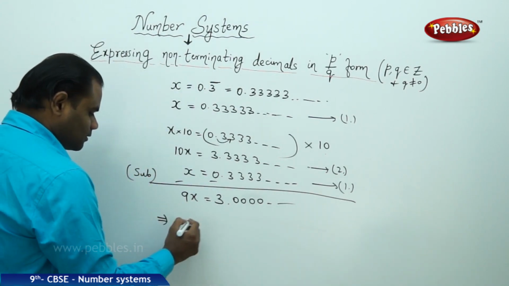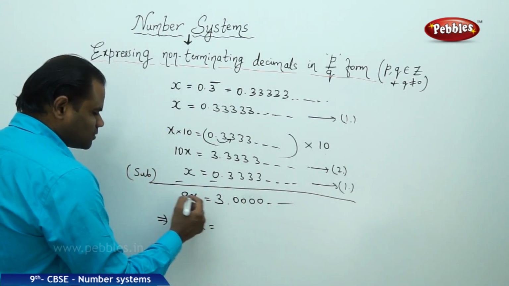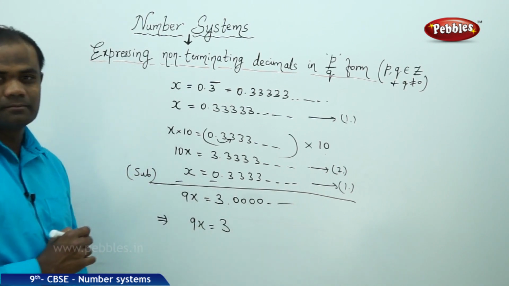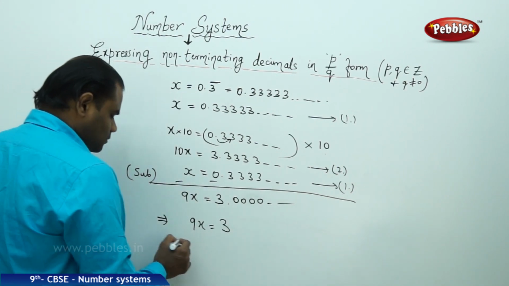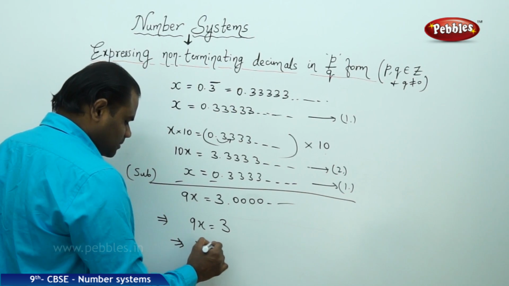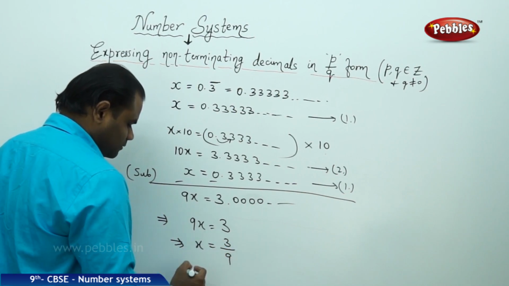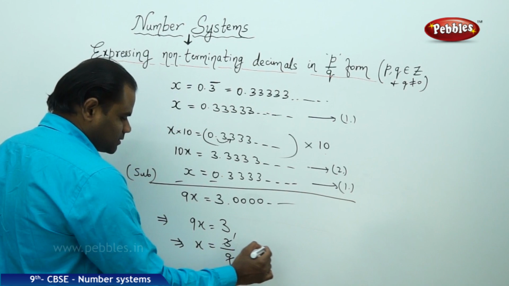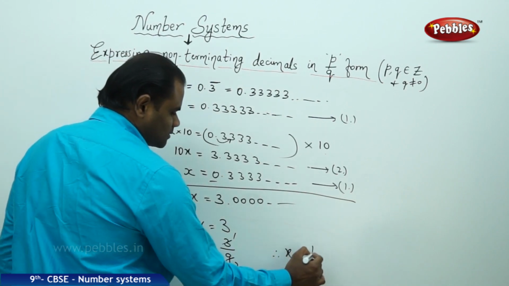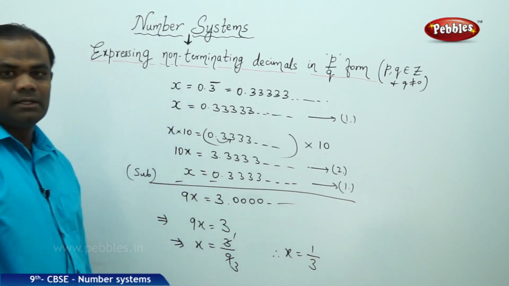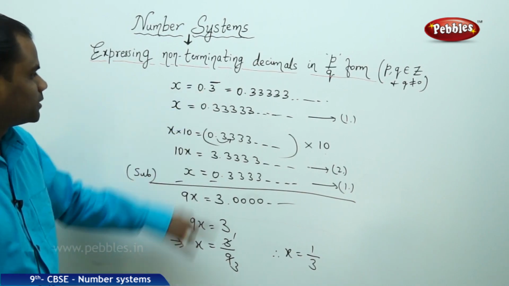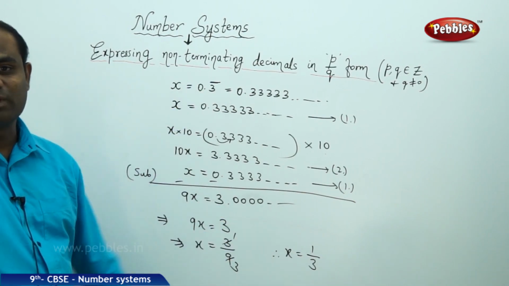Therefore, on further simplification this reduces to 9x equals 3, which by taking the constant to the right gives me x equals 3 over 9, which is 1 over 3. Therefore, my x, which is 0.3 bar, can be written as 1 by 3.